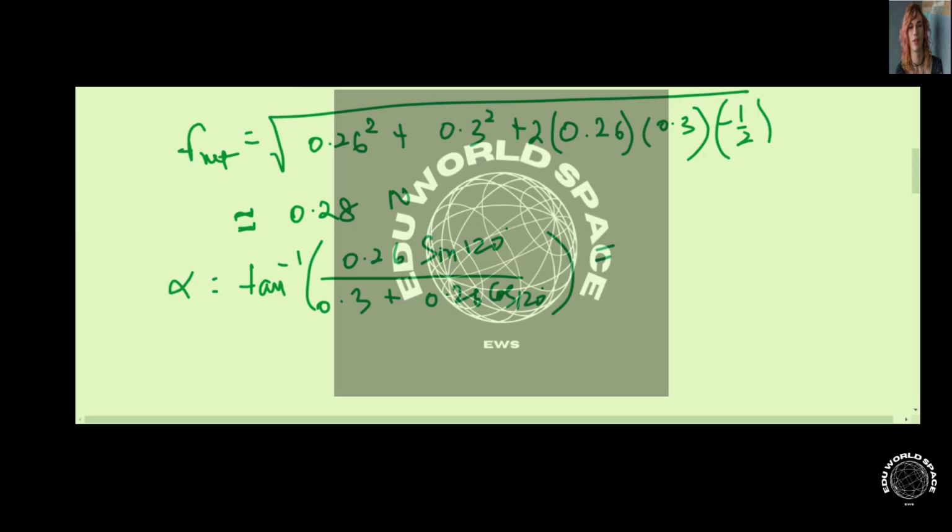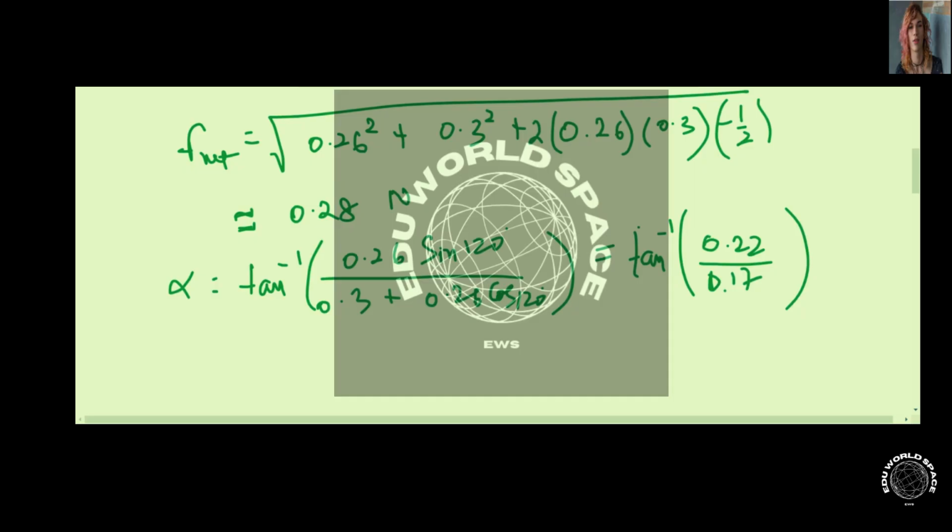So we get here 0.22, and in the denominator we get here 0.17.